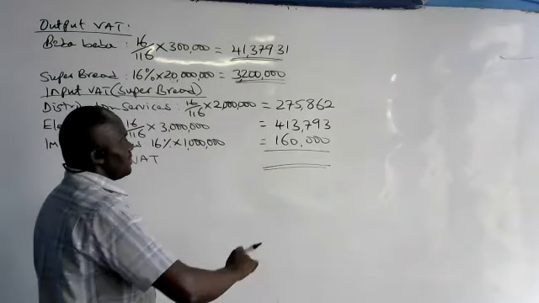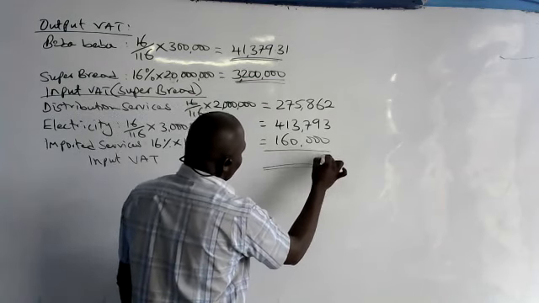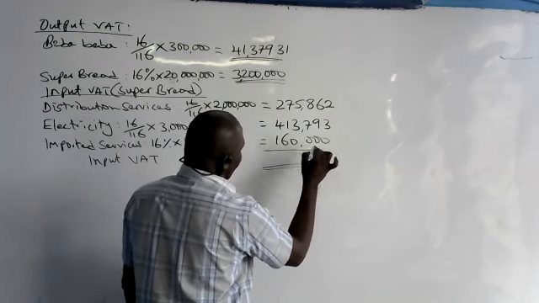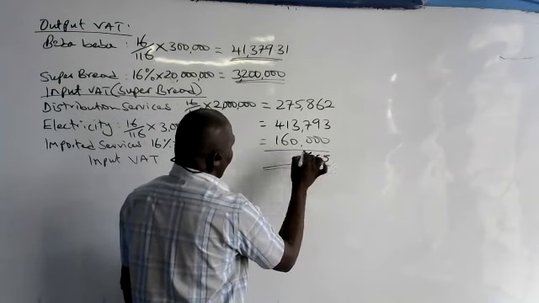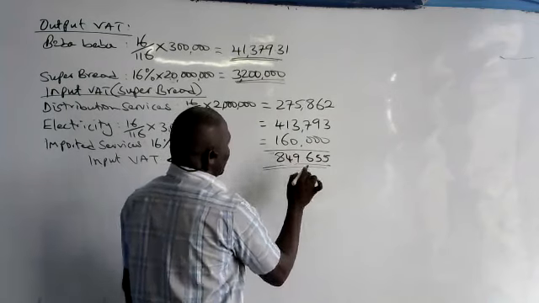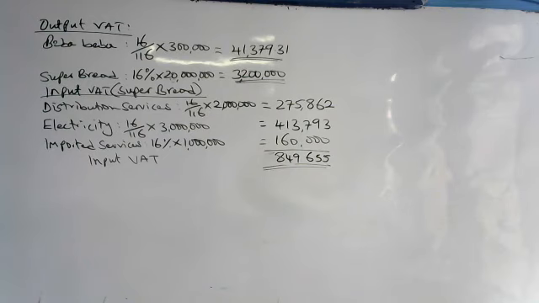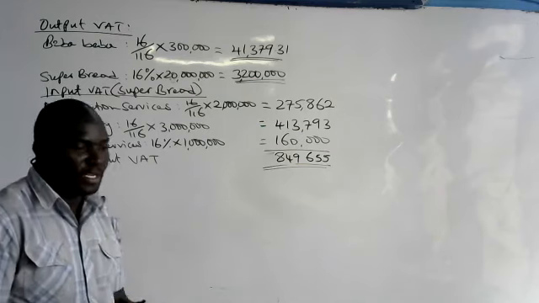What does the total come to? 849,655. Great. Then finally for 2 marks, the VAT payable for the specified period on the information provided.